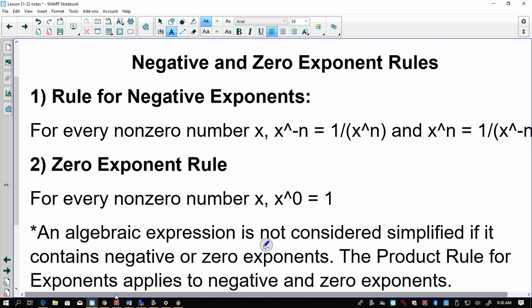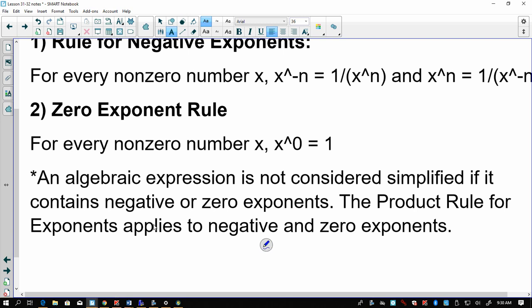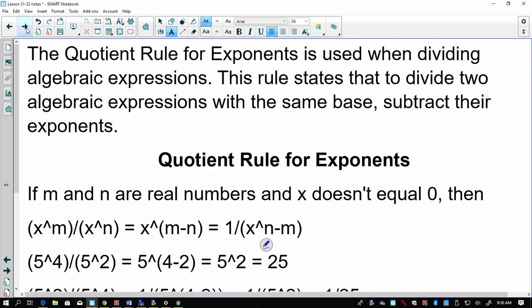An algebraic expression is not considered simplified if it contains negative or 0 exponents. If we want to say we've simplified it, we want positive exponents, and we want to find out what it is to that exponent. The product rule for exponents applies to negative and 0 exponents.